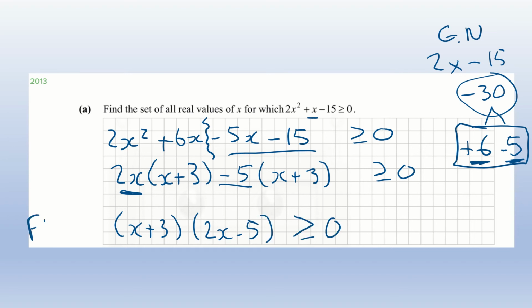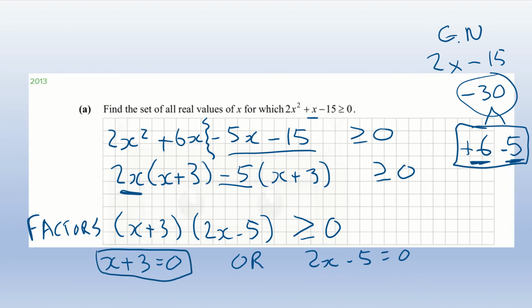So right now these are my factors, but I want to find out what my roots are. So if I have a factor, if I let that equal to 0, that's going to be my root. So I'm going to have x plus 3 is equal to 0, or I'm going to have 2x minus 5 is equal to 0. For my first one over here, if I take 3 away from both sides, I'm going to get x is equal to minus 3.